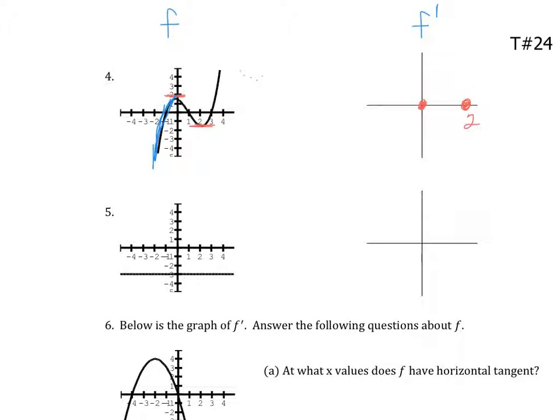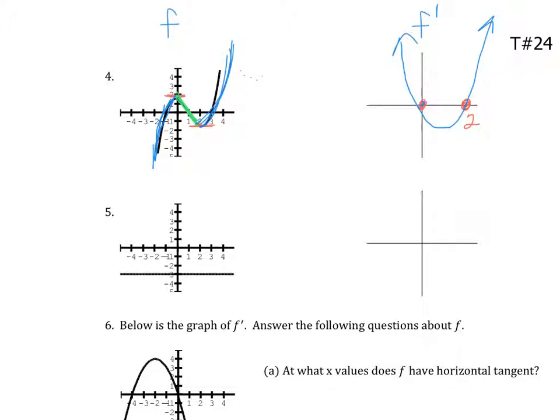Look in here, my function is decreasing, so the derivative is going to go negative. And then my function is increasing again, so my derivative is going positive. So I know if I knew it was going to be a quadratic, then it would have to look something like that. And that's all I would want you to graph right now. Okay, we'll get way more specific with it later on, but right now, that's all I want you to do.